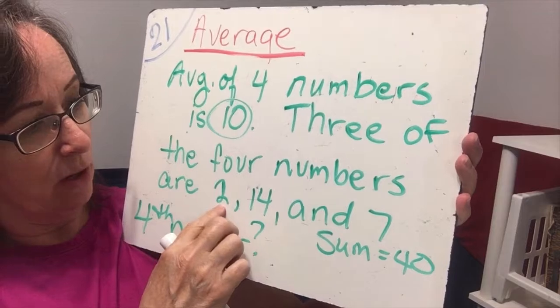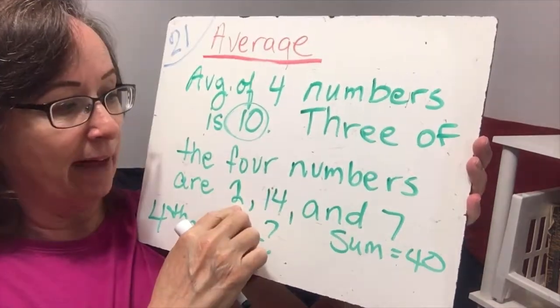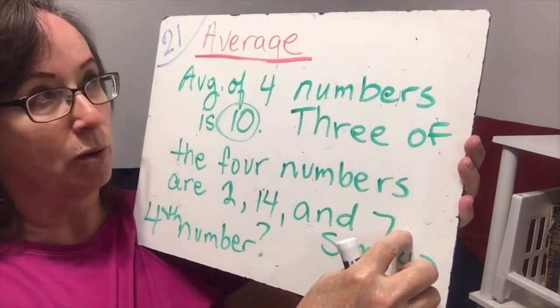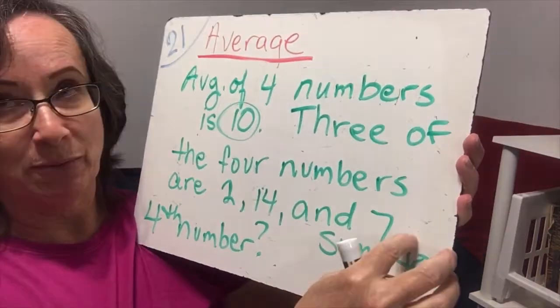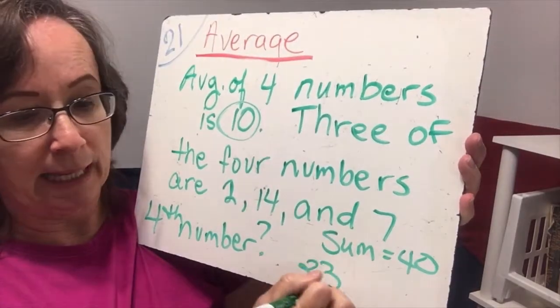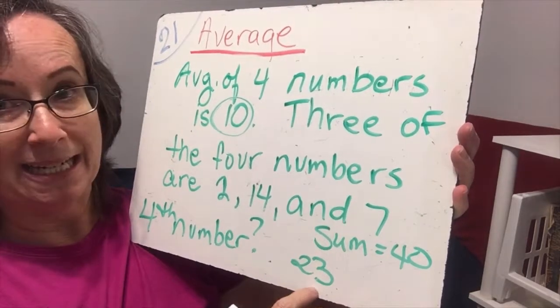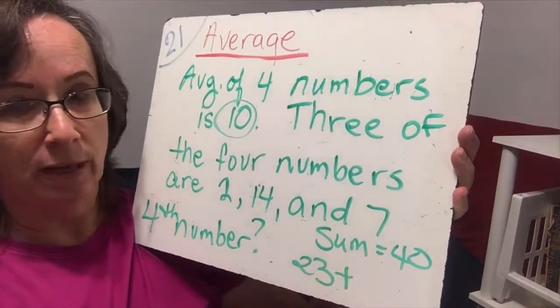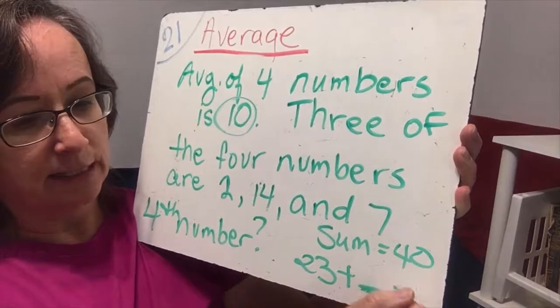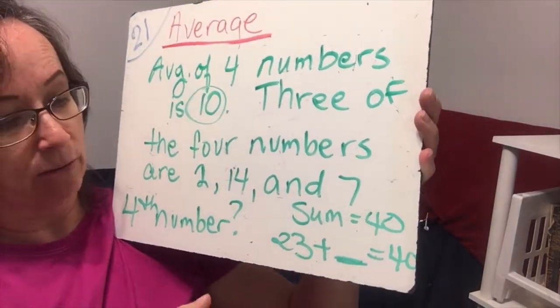And right here, we've got 14 plus 2 is 16, and then 16 plus 7 more is 23. So we have 23, and then we're going to need to add the 4th number to it, and it's going to give us 40 because that's the total sum.